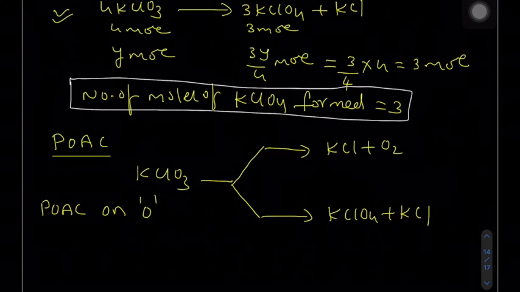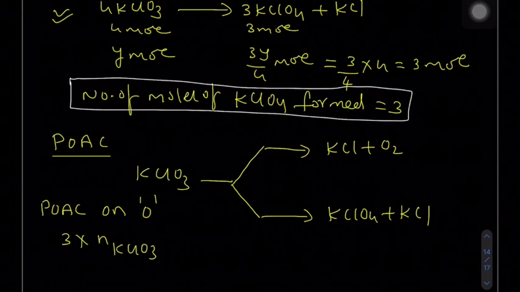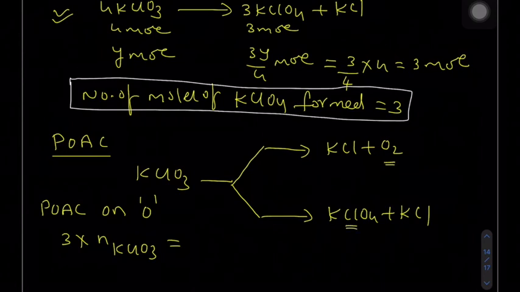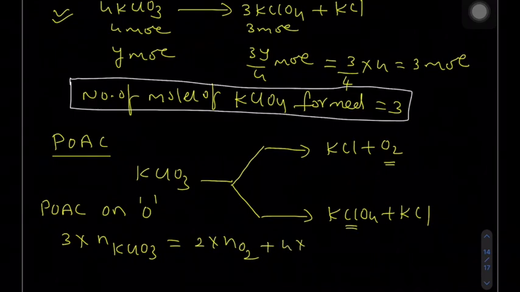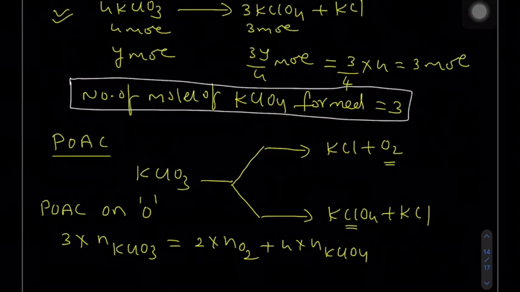How many oxygen atoms are in KClO3? The index will be 3. So 3 into the number of moles of KClO3 is equal to... Now the oxygen atoms will be distributed in two different compounds: in the form of O2, the index will be 2 into the number of moles of O2, plus in KClO4 the index is 4 into the number of moles of KClO4. How many moles of KClO3 are total given to you? 6 moles.